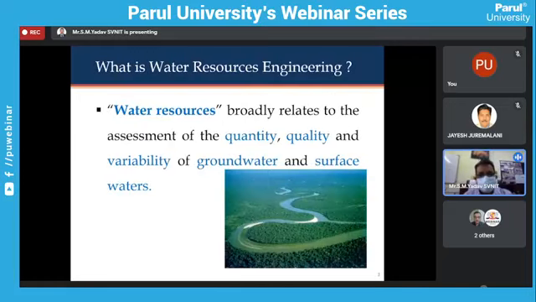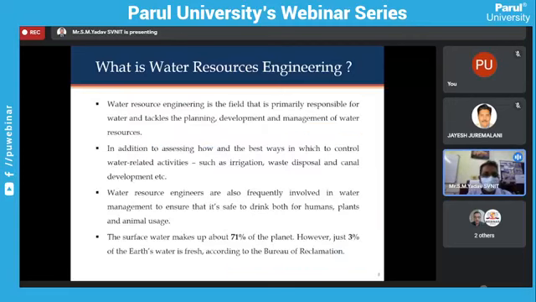Water resources broadly relates to the assessment of the quantity, quality, and variability of groundwater and surface water. It includes both the studies related to groundwater and studies related to surface water. Water resources engineering is the field that is primarily responsible for water and tackles the planning, development, and management of water resources.